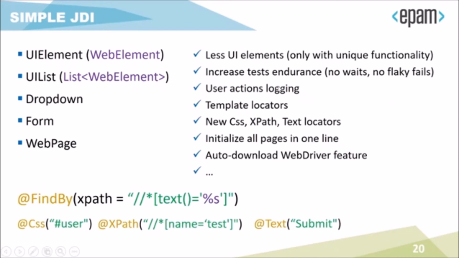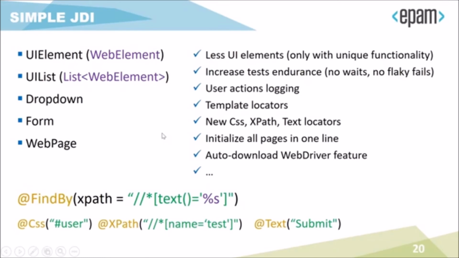Here are the main features listed around GDI Lite. We have much fewer elements. The main element is UI element. This is an implementation of the interface WebElement, and because of that, you can have the same page object that you write in Selenium. UI list is an implementation for a list of web elements, and you also can have drop-downs, forms, and web pages.